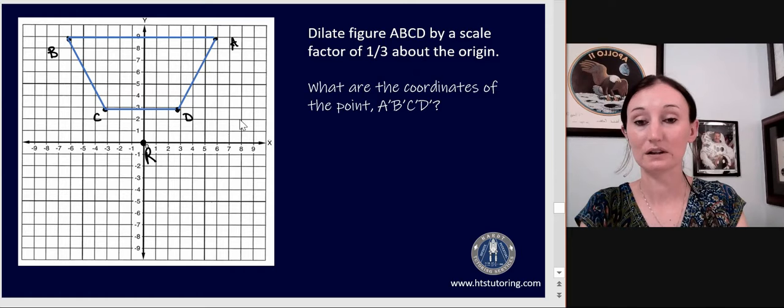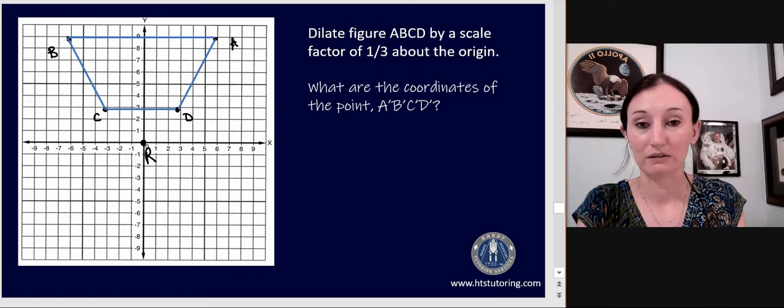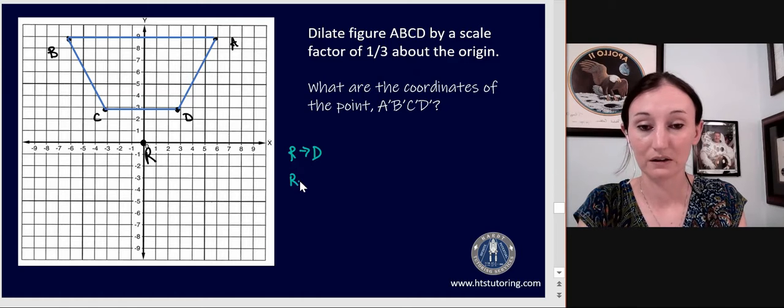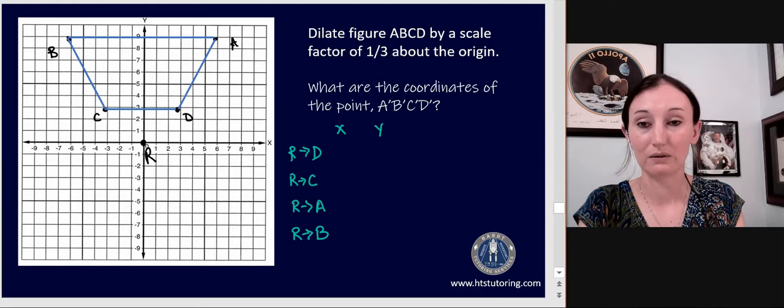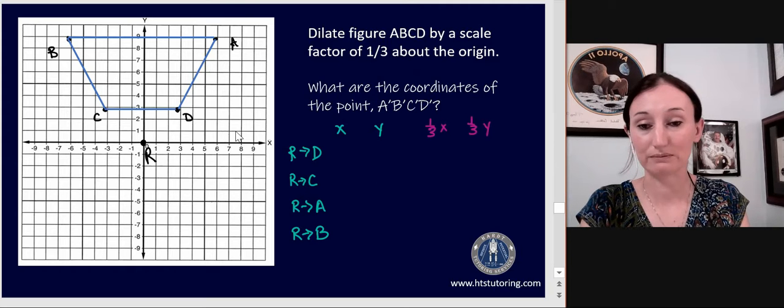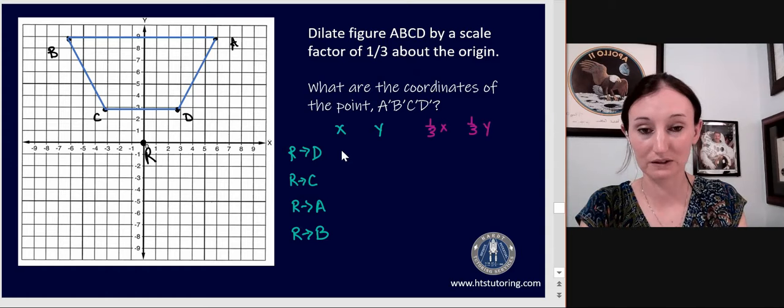So we're going to have to find R to D, R to C, R to A, R to B. And we're going to have X distance, Y distance, and then we're going to have our scaled distance, which is 1/3 X, 1/3 Y. Okay, so first let's start from R to D. To get from R to D, we go positive 3, and we go up 3.